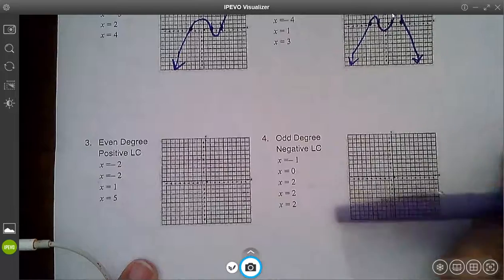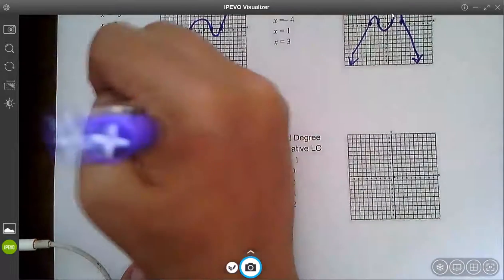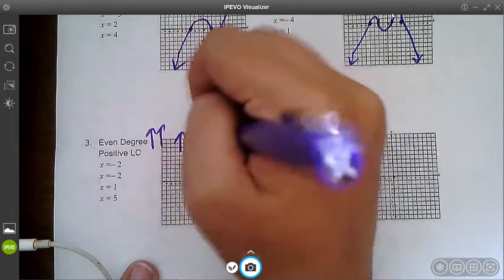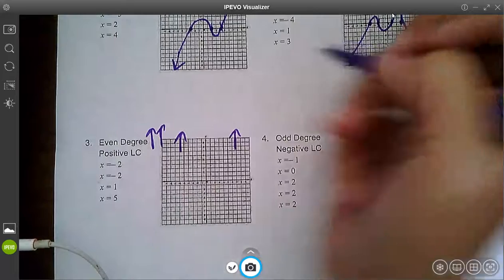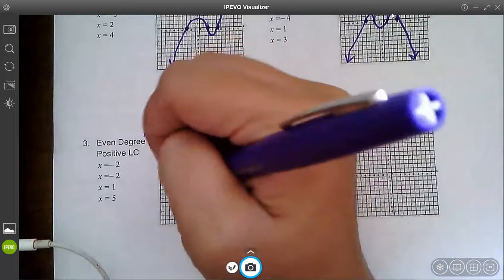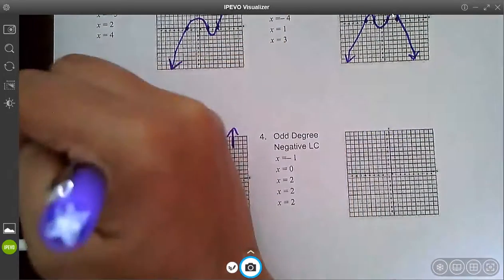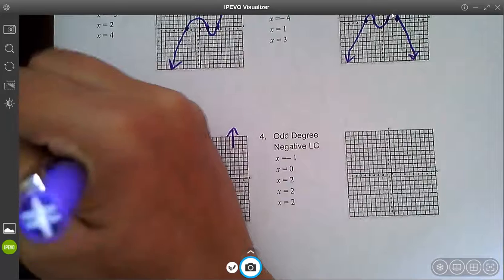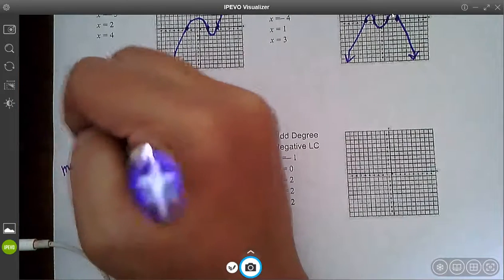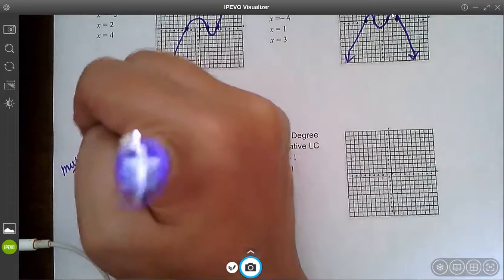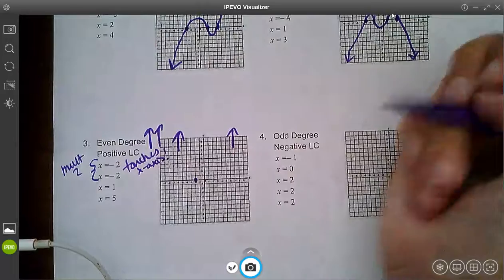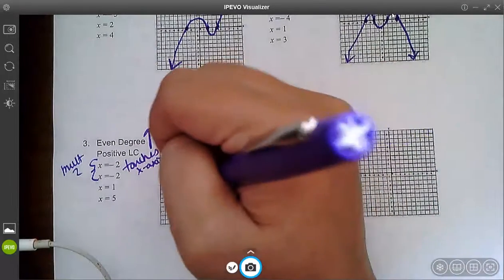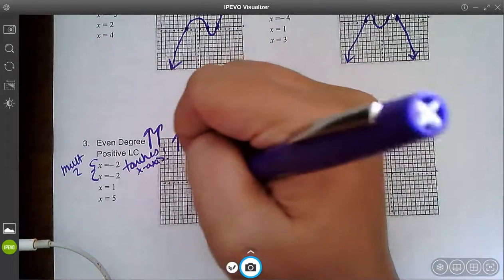It depends on what's going on inside. So it can vary a little bit from mine. The next one, even degree with a positive leading coefficient, means it's going up on both sides. We have x equals -2, but we have that twice. So at -2 there, this means it has a multiplicity of 2, which means it just touches the x-axis. X equals 1 and x equals 5.